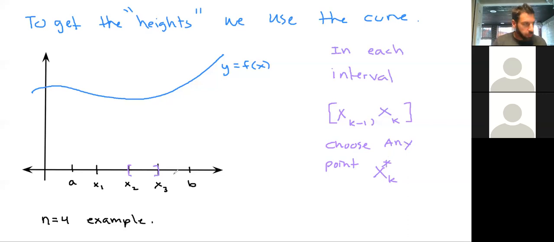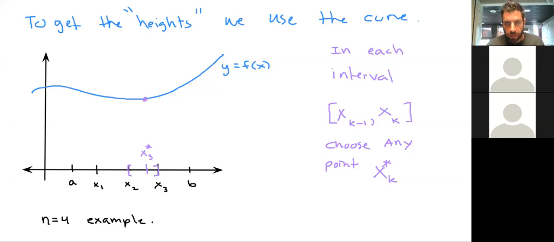So I'm going to pick any point in here, and I'll call this guy x sub 3 star. And then I'm going to evaluate the curve at that point, and do that in all of these guys.